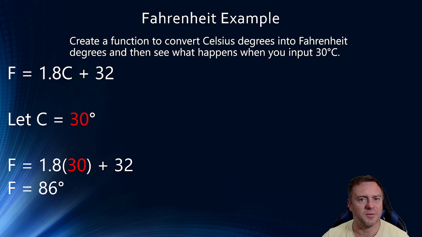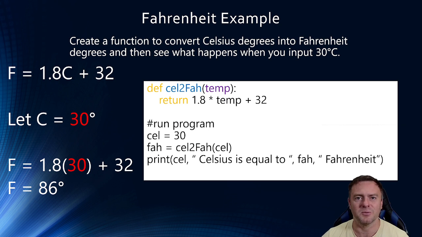Cool. So to create the function to do this, we're going to use the math that I've put on the side there and build a little function called cell2far. The way this works is we go def cell2far with temp, and see how I'm using words to make sure that it's a bit clear. Instead of doing some logic, I'm just going to go straight to the return statement and return 1.8 times the temperature plus 32.